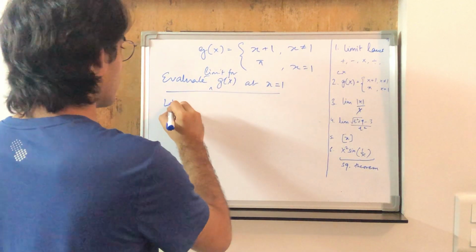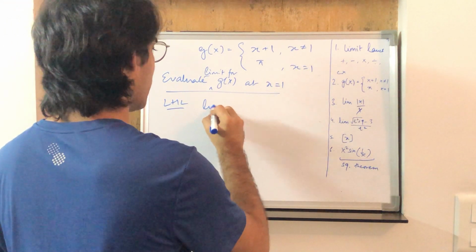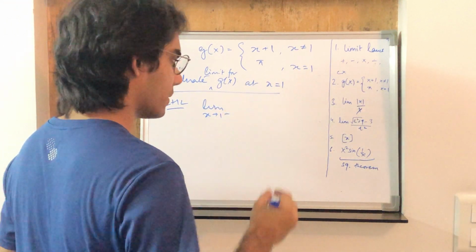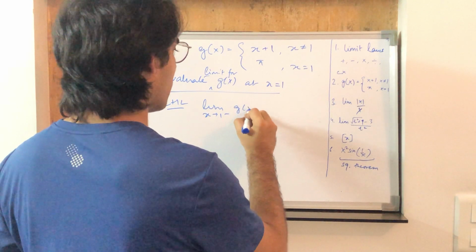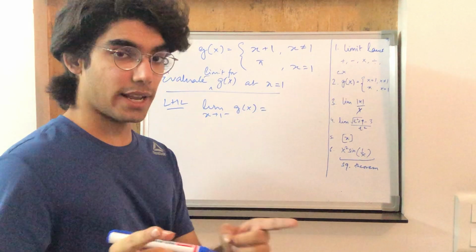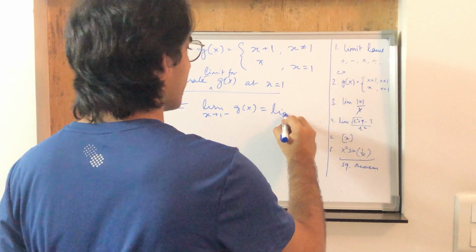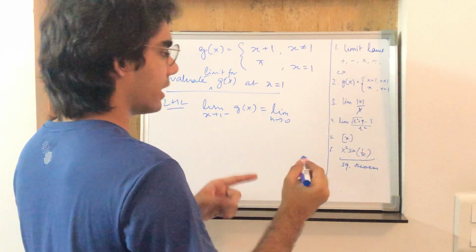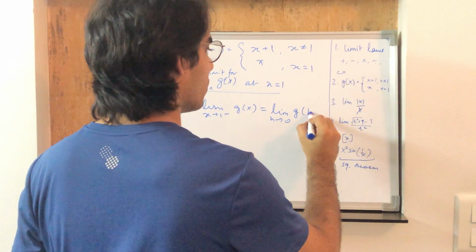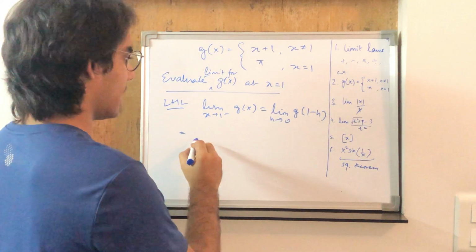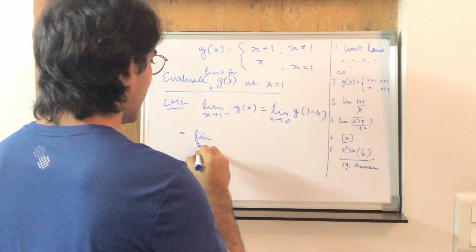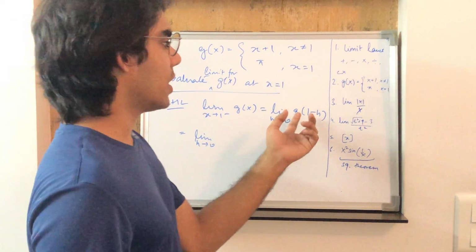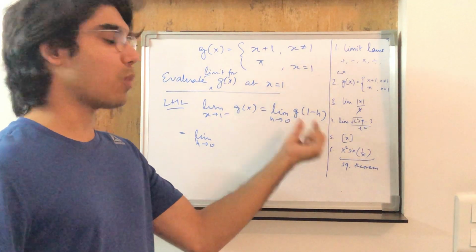Well, simply I use the left-hand limit, which is going to be limit x tending to 1 minus g of x, in terms of h, right? This is the thing that we covered in the start of this video. I can write this as h tending to 0, which makes this g of 1 minus h. And then I have limit h tending to 0 of g of 1 minus h.